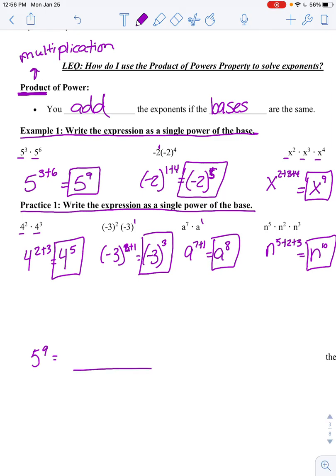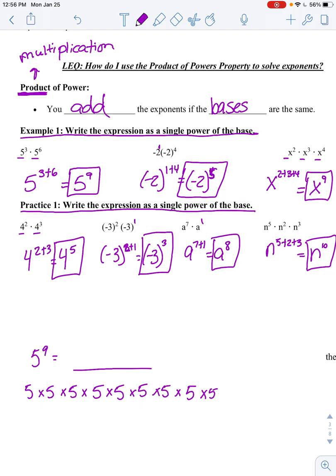Sometimes they want to know, what does that actually equal? One of the things you could do in your calculator is do 5 times itself 9 times. But there's a lot of room for error in that because we might get confused and not type enough numbers.